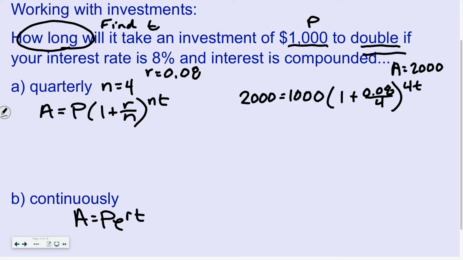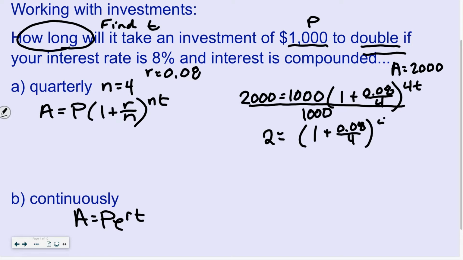Isolate the base raised to its exponent. So I'm going to divide by 1,000. That's going to leave me with 2 equals (1 plus 0.08 divided by 4) raised to 4t. Now, I have no issue on this one if you write 1 plus 0.08 divided by 4 as 1.02, because that terminates, right?